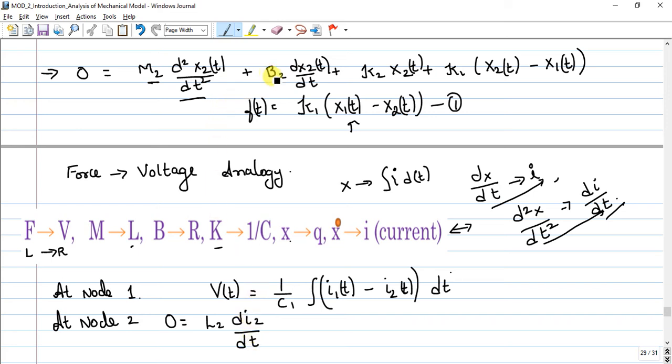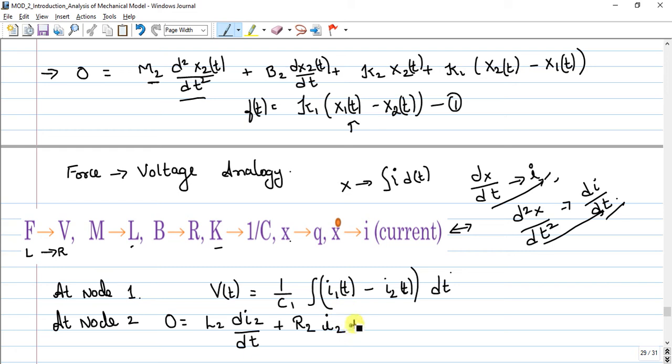Next, b2 into differentiation of x2 of t by dt: b will be replaced by r, so plus b2 will be replaced by r2, and differentiation of x by dt we will consider as i, so we will represent this as i2.